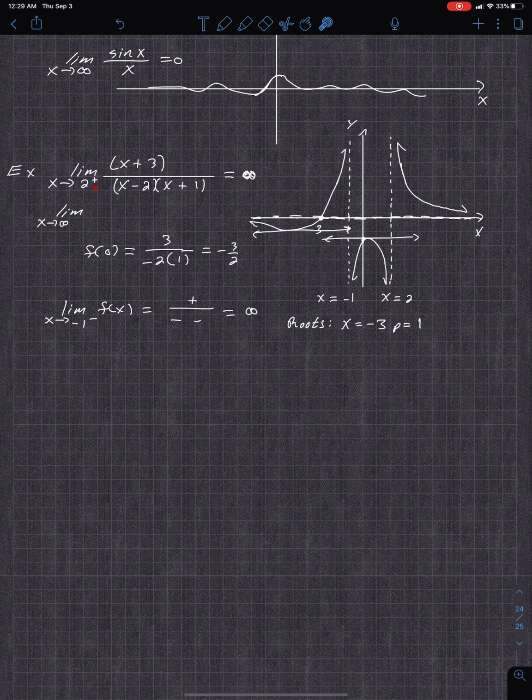What happens as you approach on the right? You can interpret this thing. I didn't do it down here, but we can actually do it.